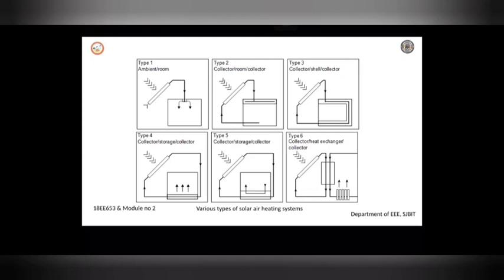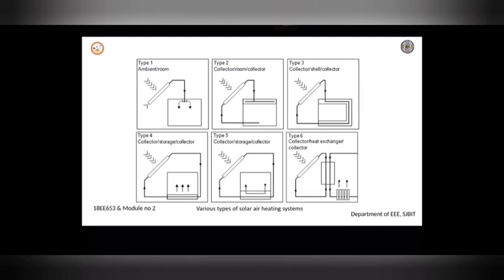Here the room air is circulated through a separate channel of the storage, and heat can be stored for a long period of time, longer as compared to type 4, and we can release it whenever it is needed.